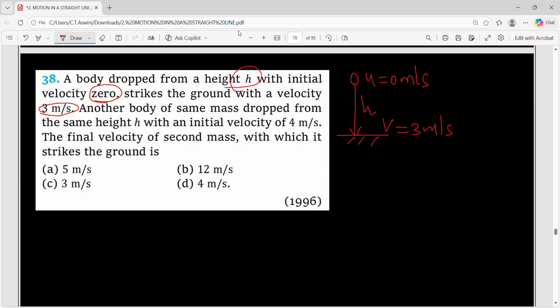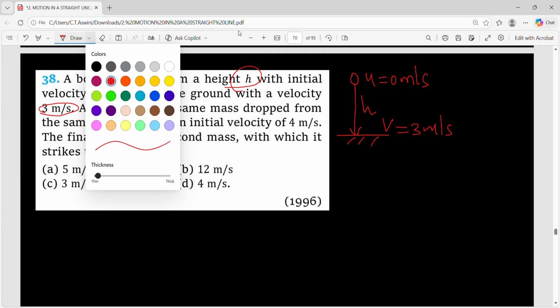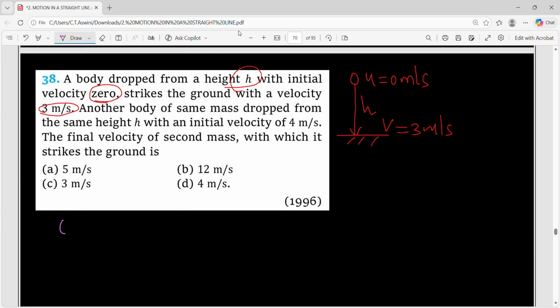Another body of same mass is dropped from the same height with an initial velocity of 4 meter per second. Now this was also dropped, but this time with the initial velocity 4 meter per second. It's the same height.